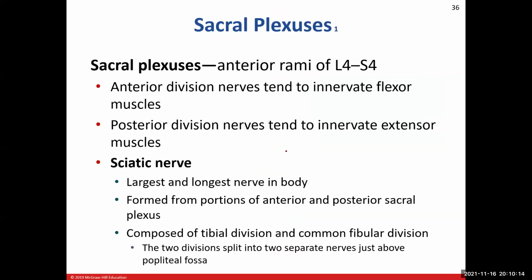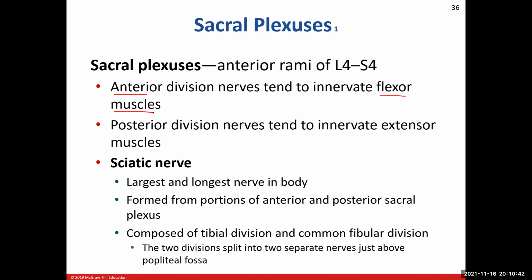All right, now our final plexus, that's going to be the sacral plexus. The sacral plexus is going to get contributions from L4, L5, S1, 2, 3, and 4. So similar type of scenario, we're going to just deal with divisions here. All right, so our anterior divisions are going to innervate the flexor muscle group in our lower extremity.